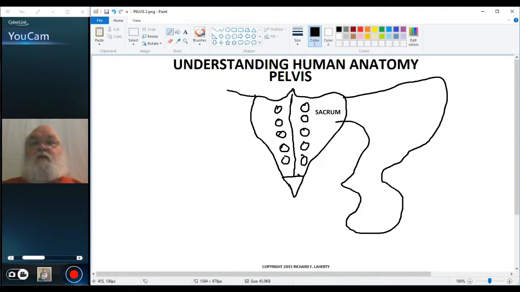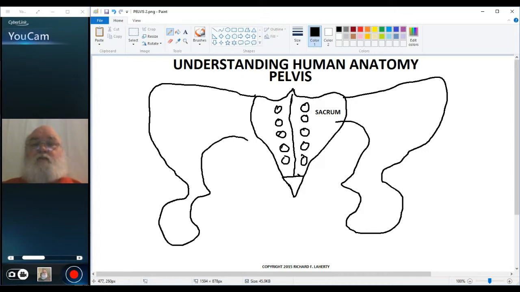On the other side, the ischial tuberosity, the lesser sciatic notch, ischial spine, and the greater sciatic notch.